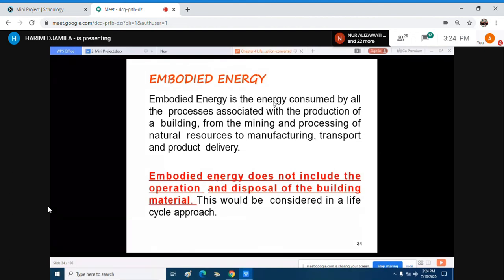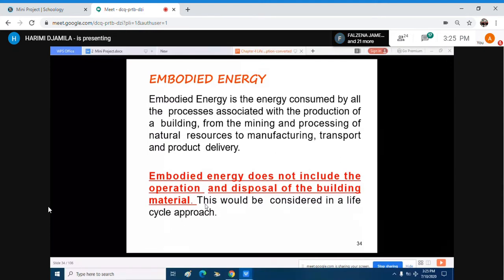Embodied energy is the energy consumed by all the processes associated with the production of a building, from the mining and processing of natural resources to manufacturing, transportation, and product delivery. The easy way to remember is the entire stages, but just take off the operational stage and disposal of the building material.